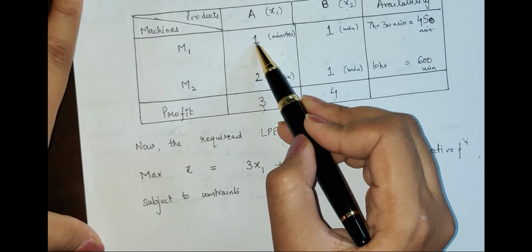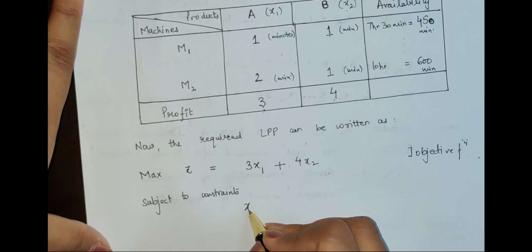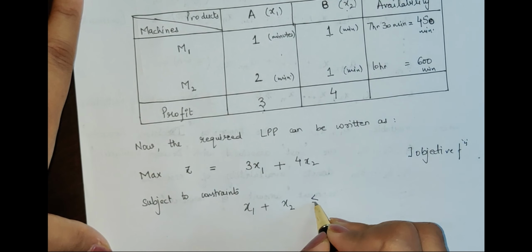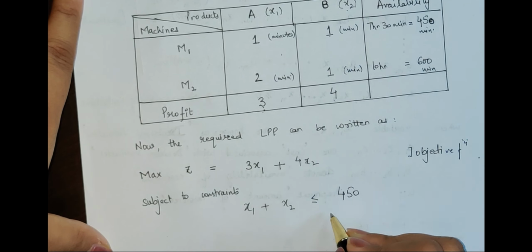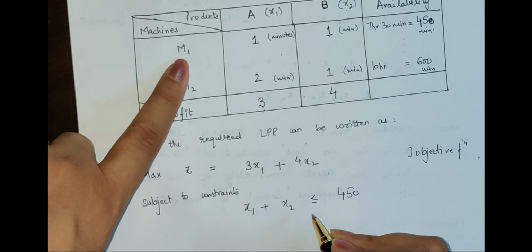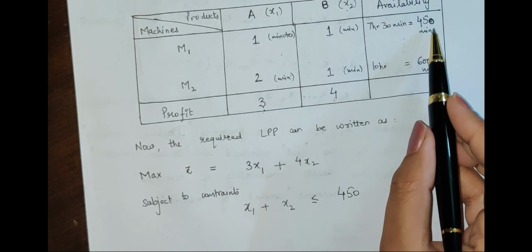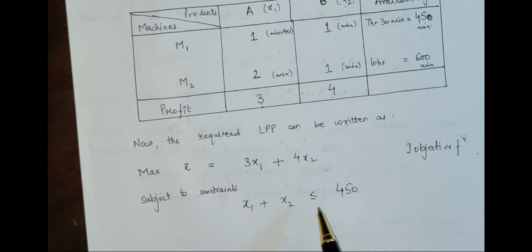So 1 into x1 and 1 into x2. It means x1 plus x2 is less than or equal to 450. Why am I using less than or equal to 450? Because it is given that machine M1 is available for not more than 7 hours 30 minutes. So the maximum we can utilize it is 450 minutes. So the total time x1 plus x2 is less than or equal to 450 minutes.